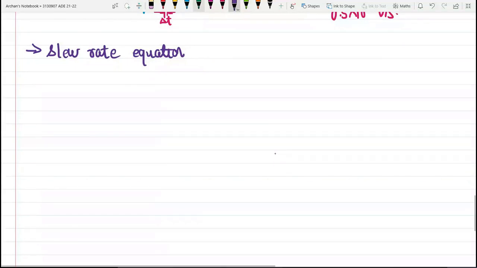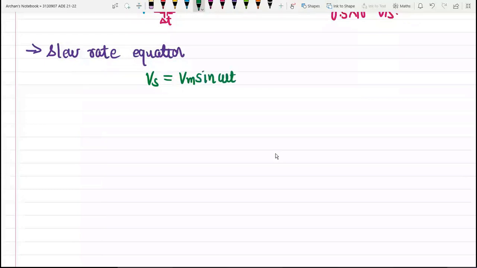Okay, so let us say my input signal Vs is equal to Vm sin omega t, and the output voltage equation will be the same. It should be equal to Vm sin omega t. Why? Because the gain provided by the circuit is unity.